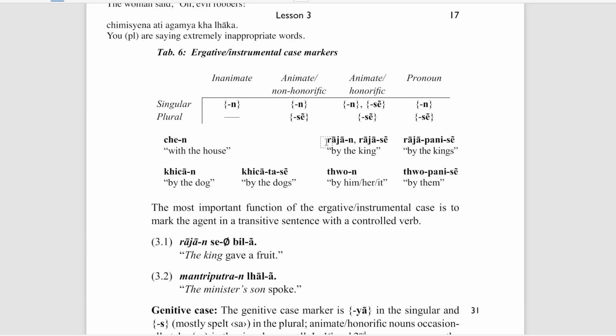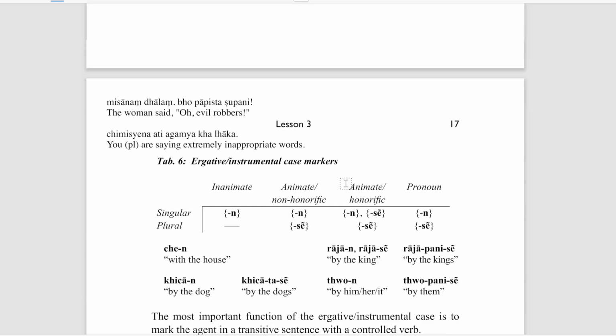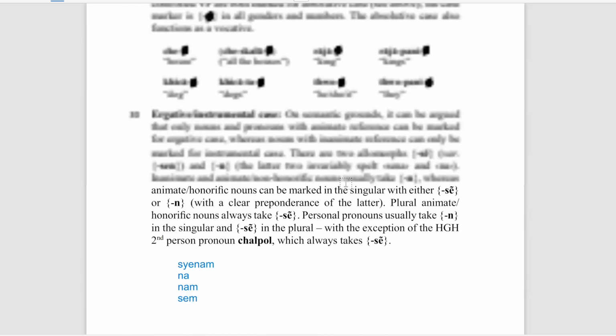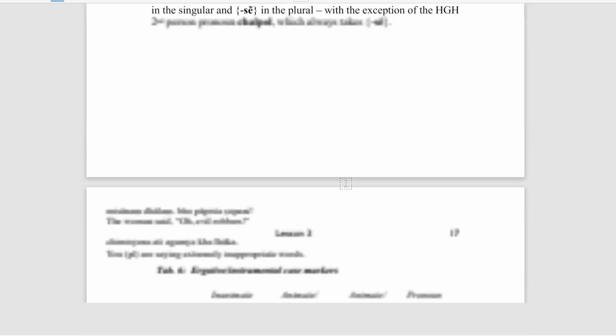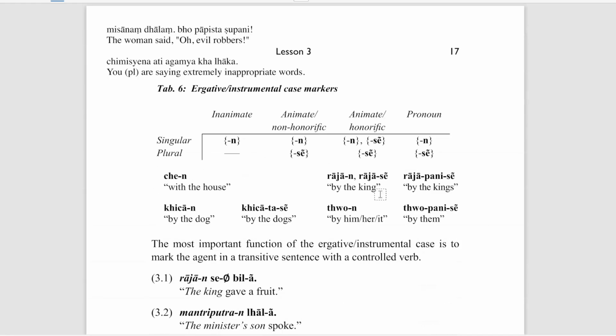Rajasen is more in an honorific sense, and also Dhon, this pronoun, goes together with na as the singular form.